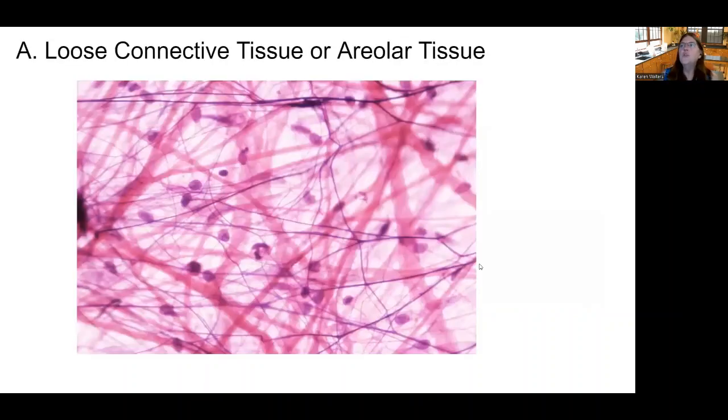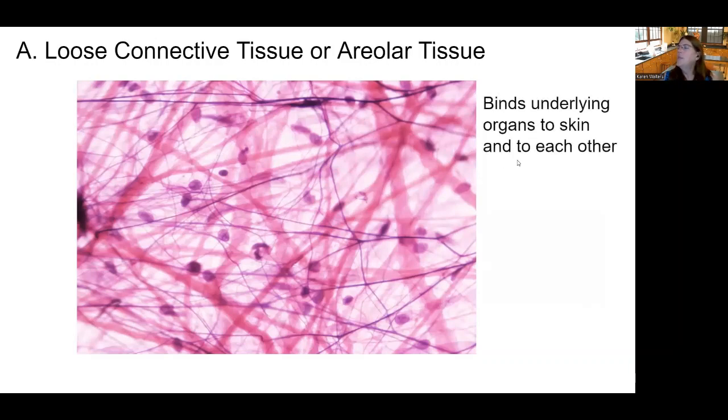So our first proper connective tissue we call loose connective tissue or areolar tissue. And you're going to look at this under the microscope and be able to identify the different fiber types and cell types. So this is the type of tissue that binds underlying organs to the skin and to each other.